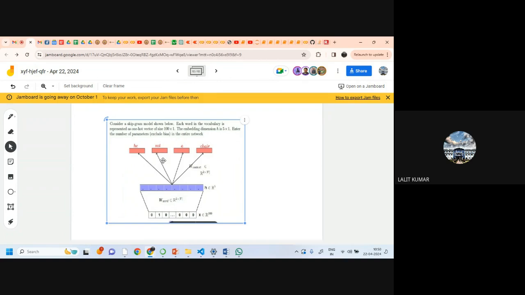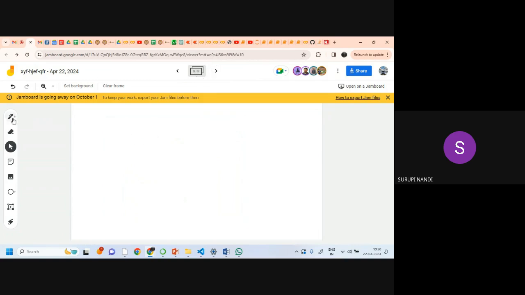Whereas in the skip gram, we feed 1 word, and then we maximize the probability of its context words. Is everyone clear? Does it mean that the continuous bag of words predicts the target word from context and the skip gram predicts context from the target word? Yes, you're right.